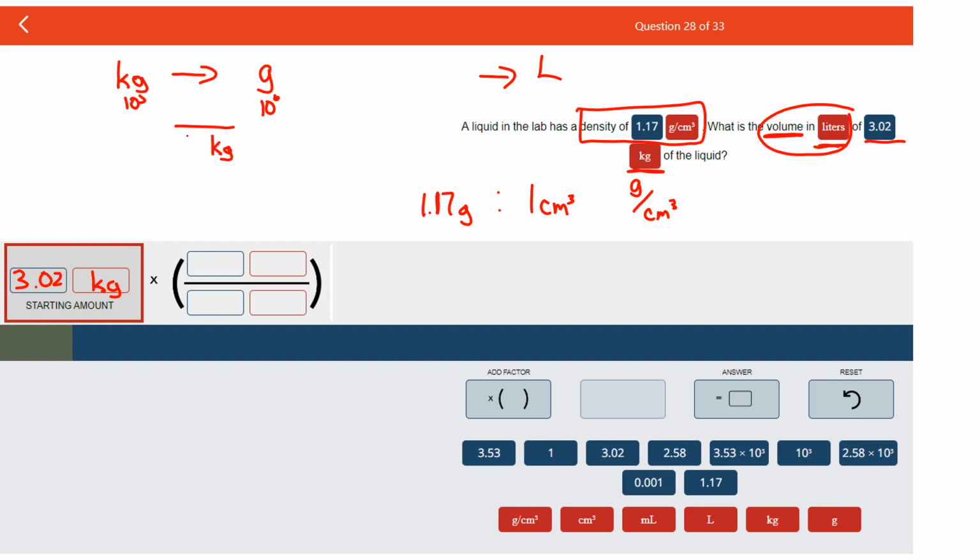So for every 1 kilogram, I have 10 to the third grams, or 1,000 grams. All right. So my first conversion factor, I want to get rid of kilograms, put it on the bottom, and go to grams.